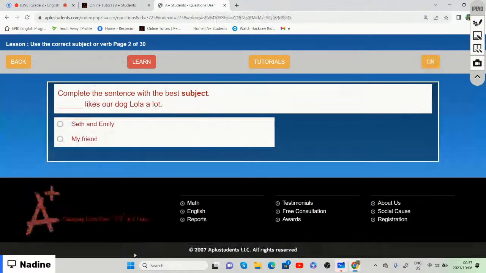We need to complete the sentence with the best subject. Likes our dog Lola a lot. Do we say Seth and Emily likes our dog Lola a lot?